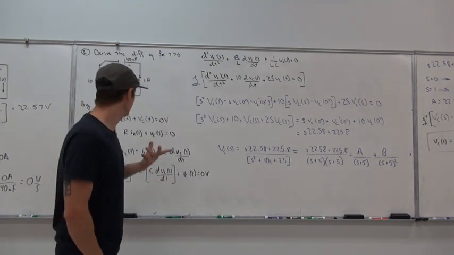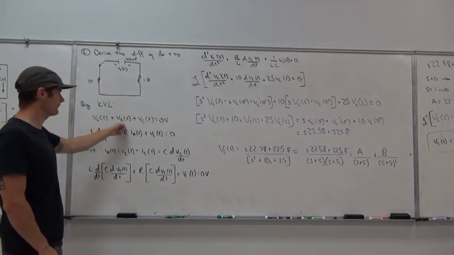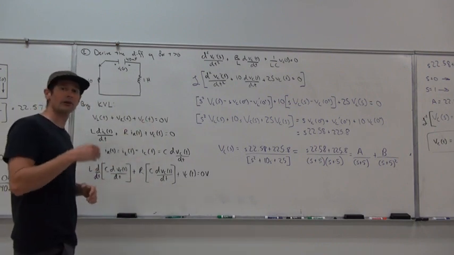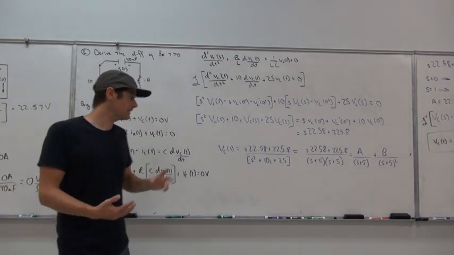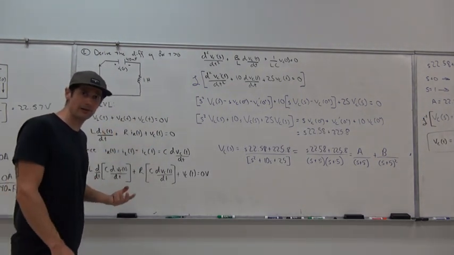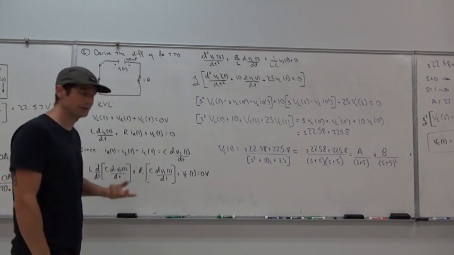So by KVL, we have VL(t) plus VR(t) plus VC(t) equal to 0. We're going to utilize the substitution method. KVL states that the sum of all voltages around a closed loop is equal to 0, or the voltage rises are equal to the voltage drops.